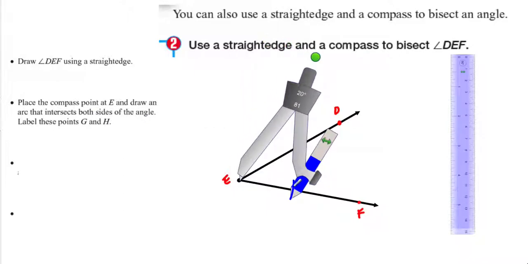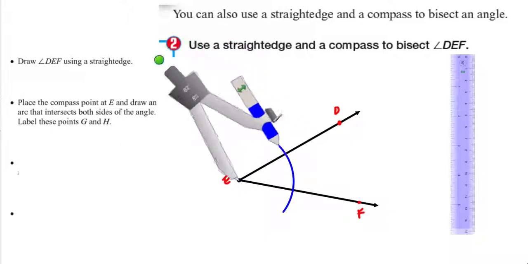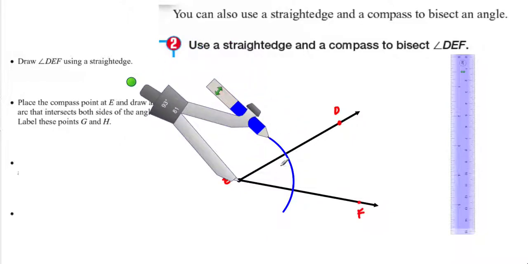Label these points G and H, where the arc intersects the two sides of your angle. So that's step number 2.